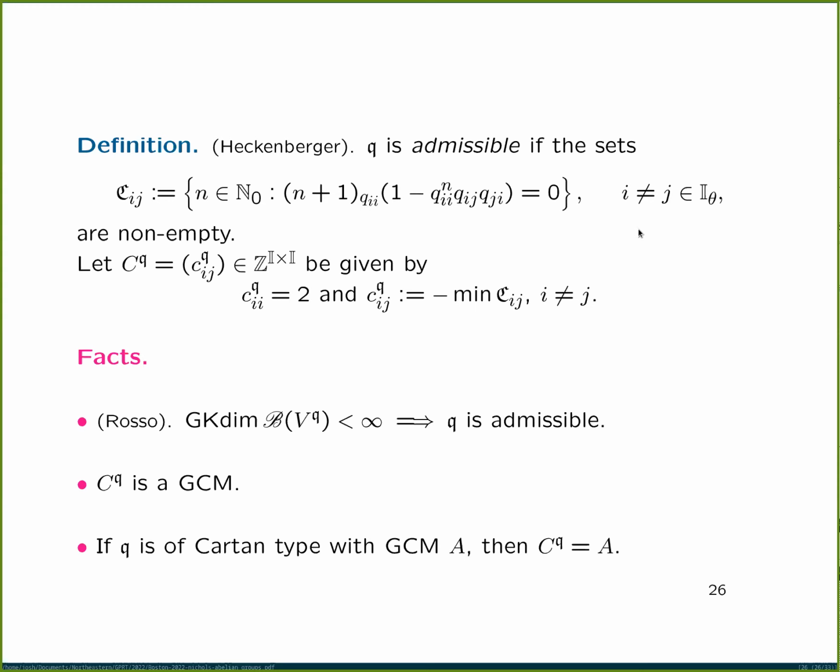This expression appeared, to my knowledge, at least in the paper by Nichols. This set could be empty in principle, but if the Gelfand-Kirillov dimension is finite, then Rosso proved that all these sets for all i different from j are non-empty, and this is written in short by saying that q is admissible.